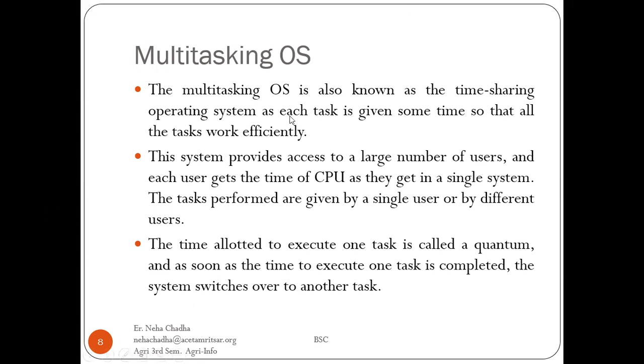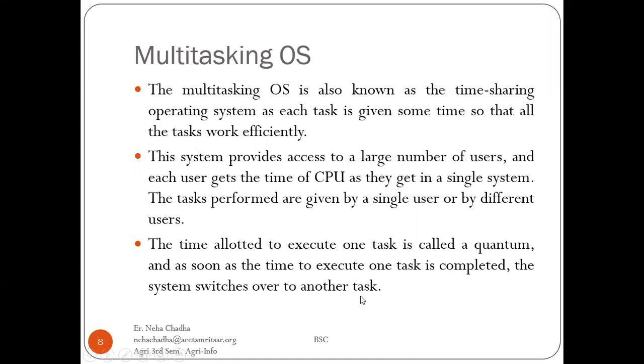The multitasking system provides access to a large number of users, and each user gets CPU time in a single system. The tasks performed are given by a single user or by different users. The time allotted to execute one task is called quantum, and as soon as the time to execute one task is completed, the system switches over to another task.